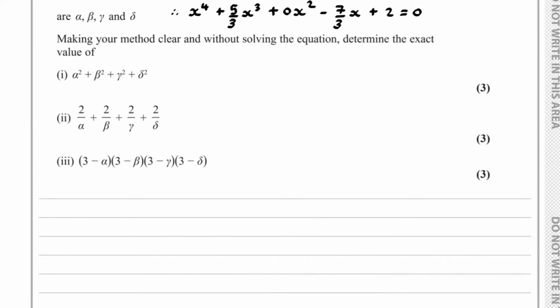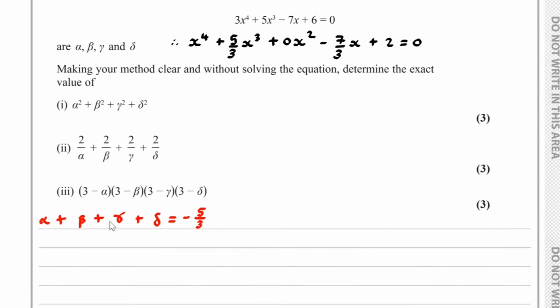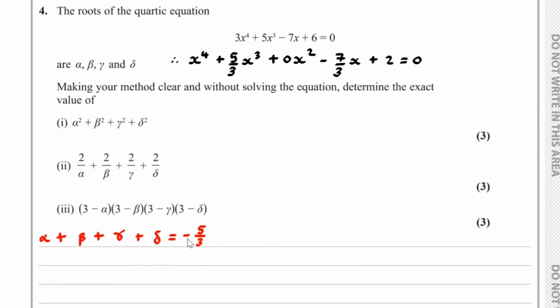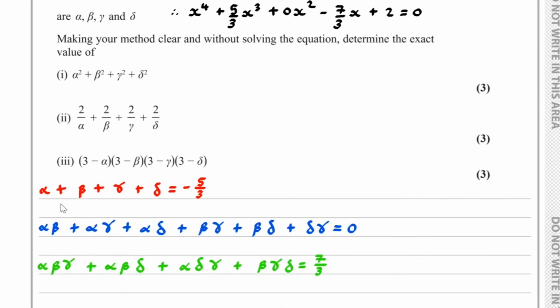And from this, we can see that alpha plus beta plus gamma plus delta is equal to negative 5 over 3. Alpha beta plus alpha gamma plus alpha delta plus beta gamma plus beta delta plus delta gamma is equal to 0. Then we have alpha beta gamma plus alpha beta delta plus alpha delta gamma plus beta delta gamma.